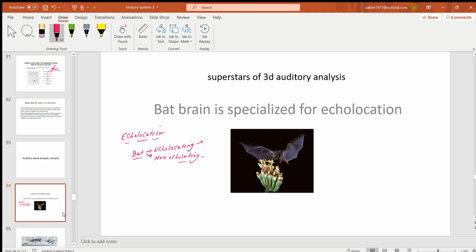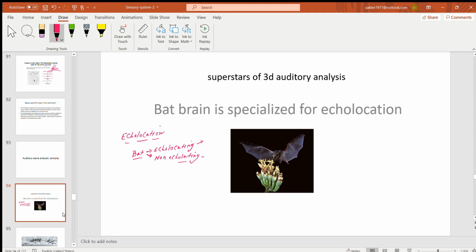Another way to classify the bats is by their food habit, eating habit. Some bats eat vegetables or fruits, and some bats eat meat or blood. So we can also classify them that way.